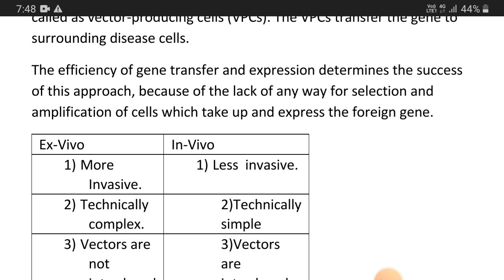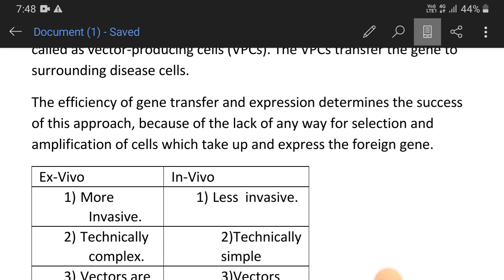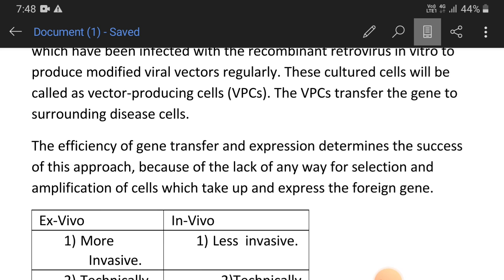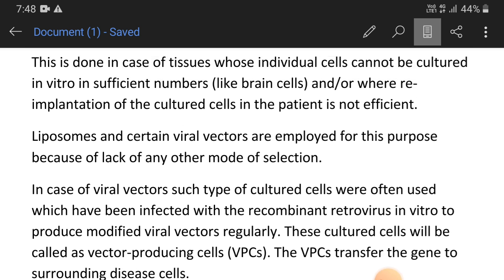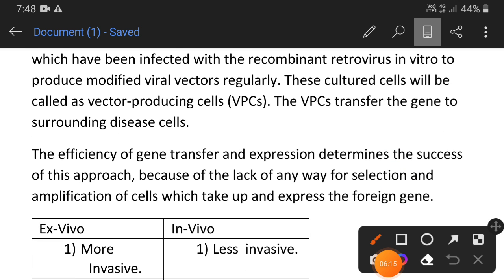But in case of ex vivo we don't have to bother about this, because in ex vivo gene therapy we are only selecting those cells that have acquired the transgene. But in in vivo gene therapy we don't have that opportunity. So under such cases we have to bother about the efficiency of the process.